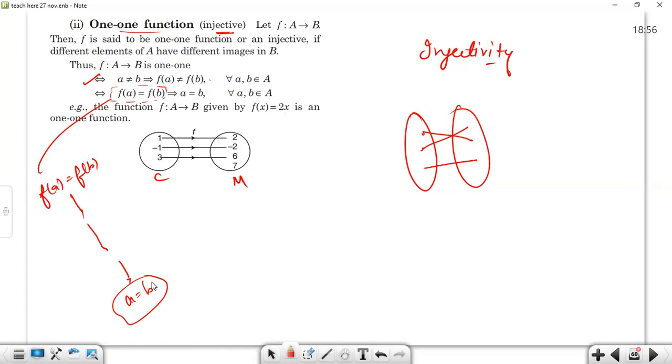If it is something else, like minus a equals b, then the given function is not one-one. First we assume this, and if this is the conclusion, then the function is one-one. If it is not the conclusion, then the function is not one-one. Clear? Yes, sir.